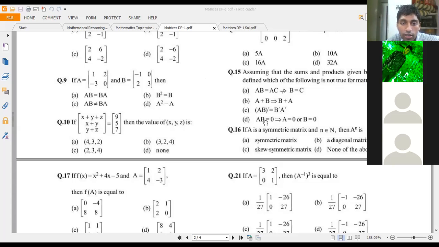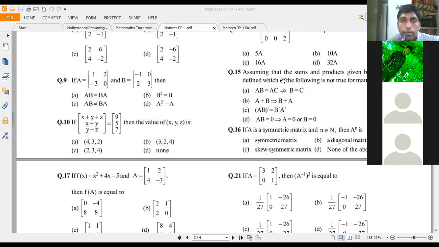Yeah, Vinky, what are you asking? सर अगर इसमें दिया होता कि B is already equal to C, तब क्या ये ट्रू नहीं होता? If B is already equal to C, then what is your question? अगर B equals to C, then AB equals to AC नहीं हो सकता? हो सकता है.